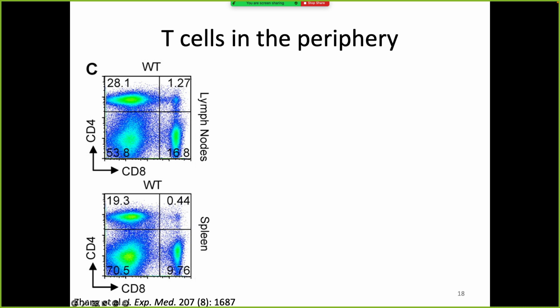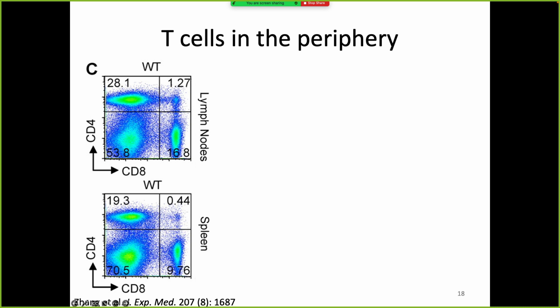So remember that CD3 is an important protein for T cell receptor signaling. I could have looked at CD3 first so that I was only examining T cells. And then I could have done this same plot. And if I did that, I would end up with a plot that looks like this, where I only have my single positive CD4s and CD8s. And I wouldn't see all of those double negative non-T cells.